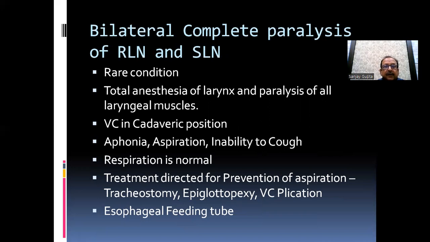Respiration is normal. Treatment is directed towards prevention of aspiration. Tracheostomy may be required. Epiglottopexy, vocal cord plication, where both the vocal cords are stitched to prevent aspiration, and feeding is done by esophageal feeding tube.